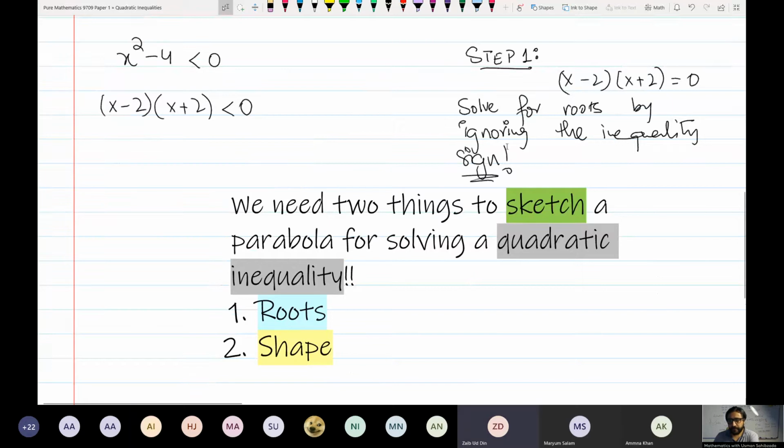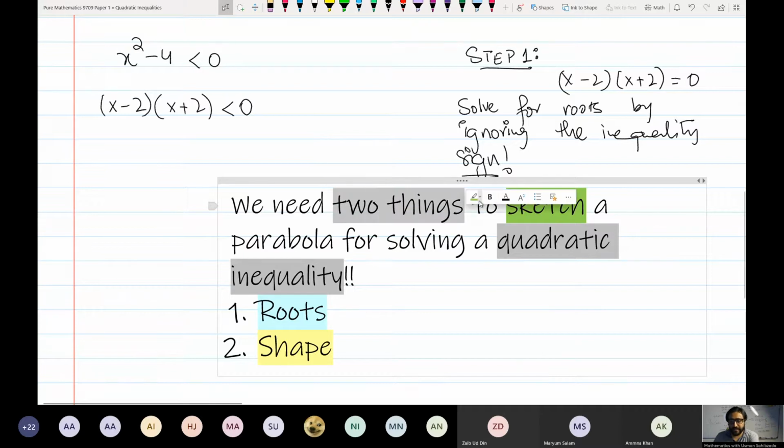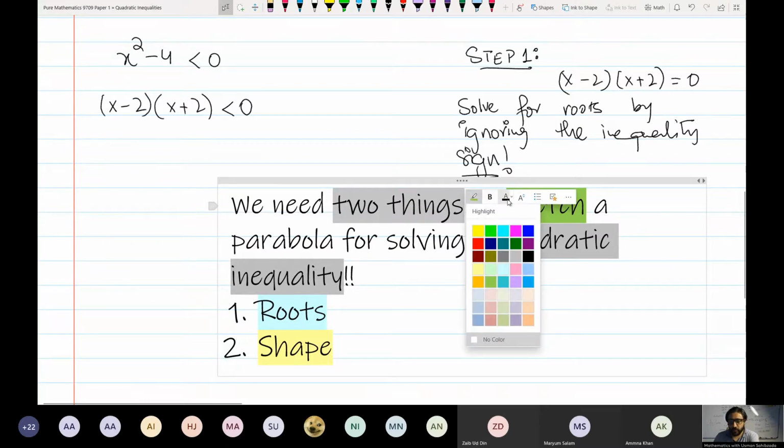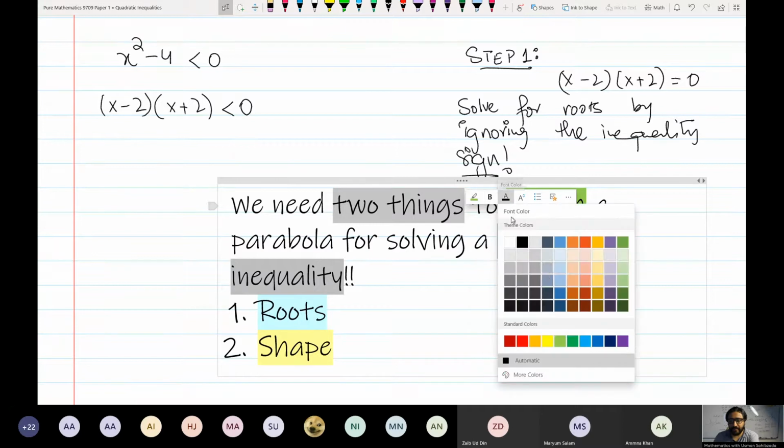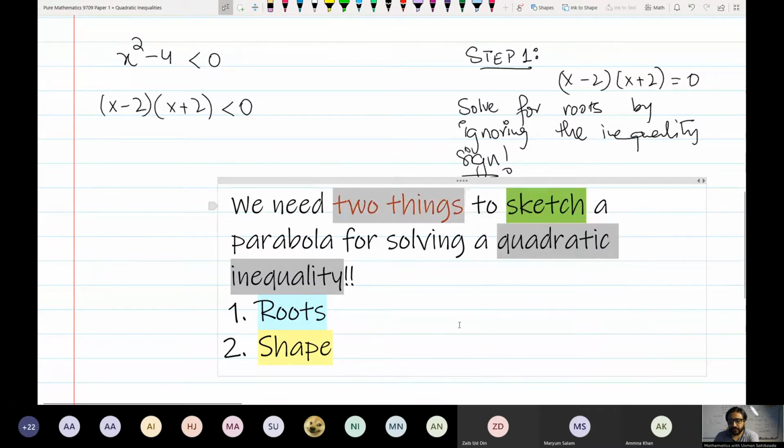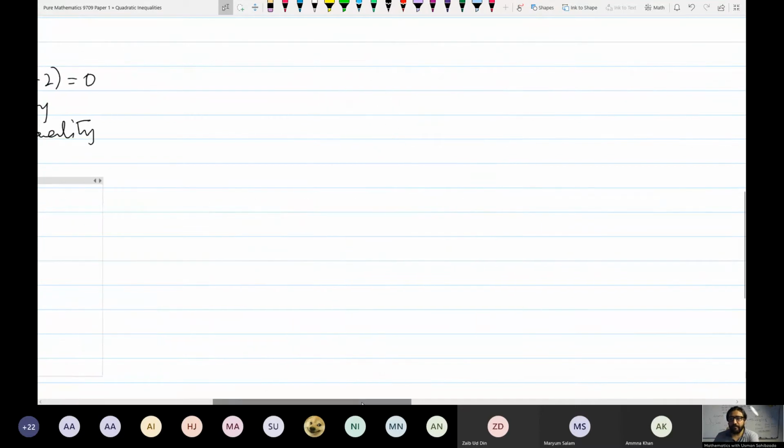There are two ways to sketch a parabola. We need two things to sketch this parabola. You could have sketched a parabola using what we've been doing. We've been using many things. We've been using roots.